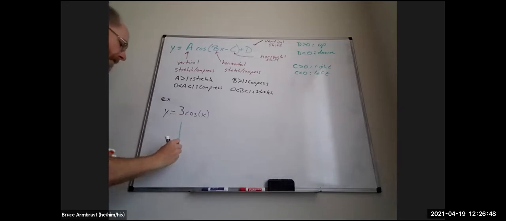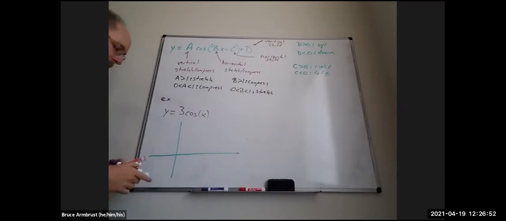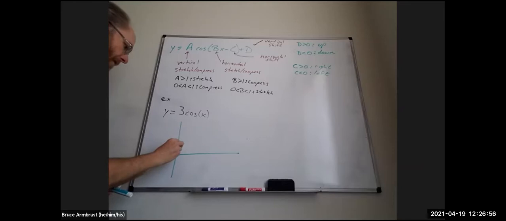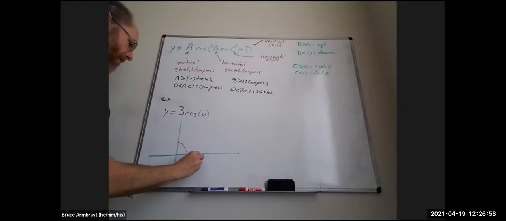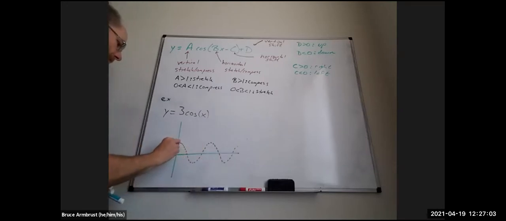So let's think about what that's going to do to our graph. So I'm going to start with a graph of cosine. Okay, so I'm going to do this in a pink and kind of dash it. All right, so there's the graph of cosine.